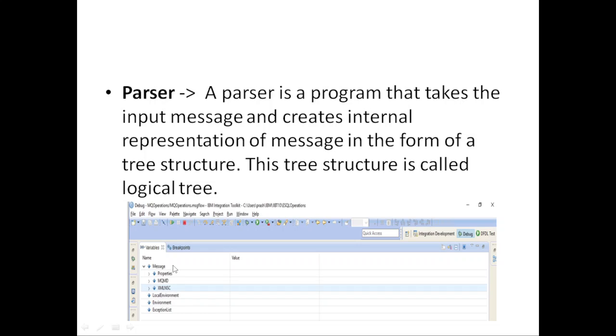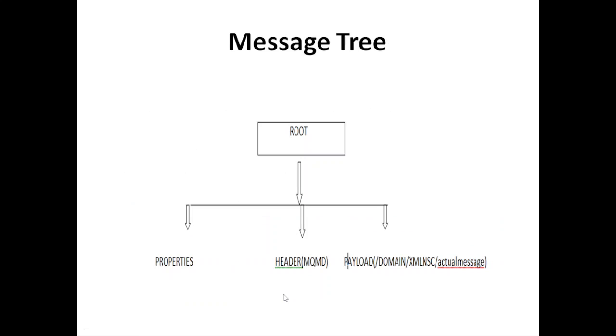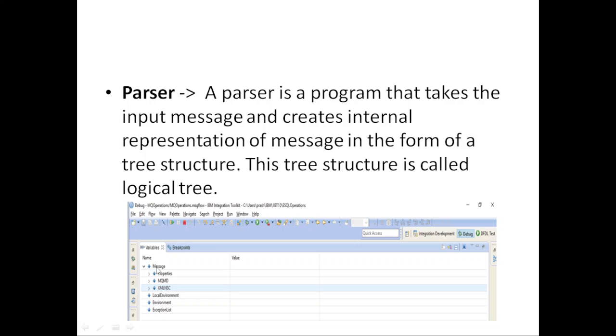Now coming to the tree. First it is called the root, the original message. Under the root we have the properties, the header, and the XML.